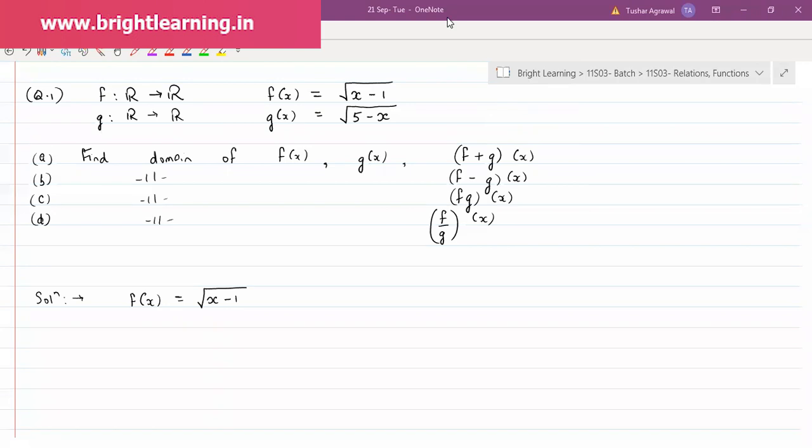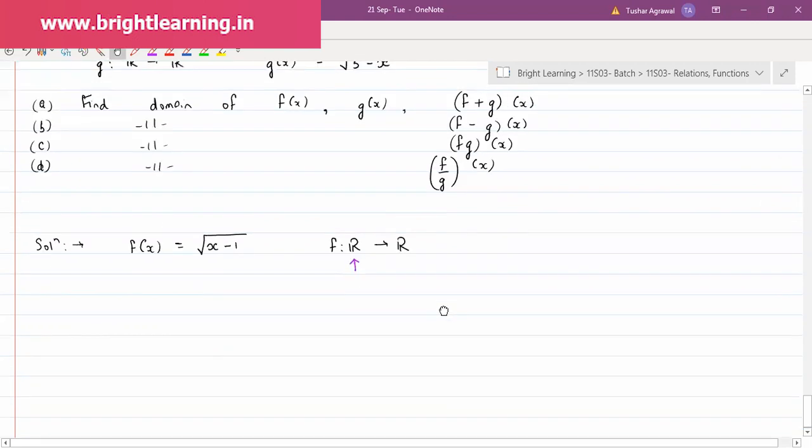Are you getting it, students? Yes, the domain of f of x. What will be the domain? For f of x to be defined, f is defined from R to R, from the first set. From the first set, I will remove those problematic points which either do not form any images, or if they are forming more than one image. Sir, x is under root of x minus 1.